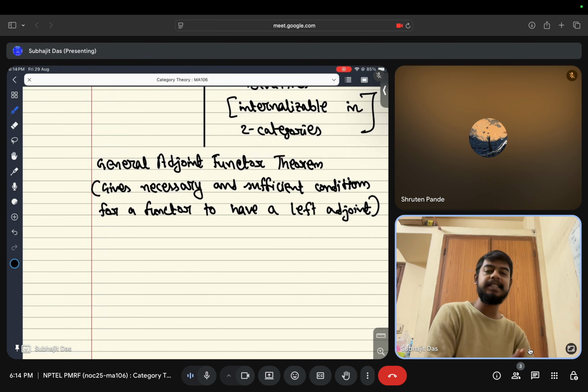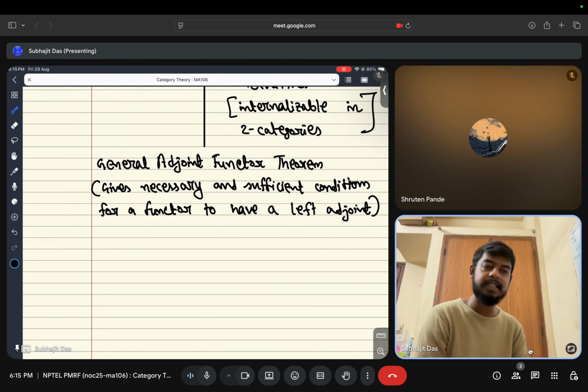So the idea is pretty simple. The entire theorem is based on something called the solution set condition, which talks about a condition under which a particular category has an initial object, and the adjoint functor theorem entirely revolves around this condition.